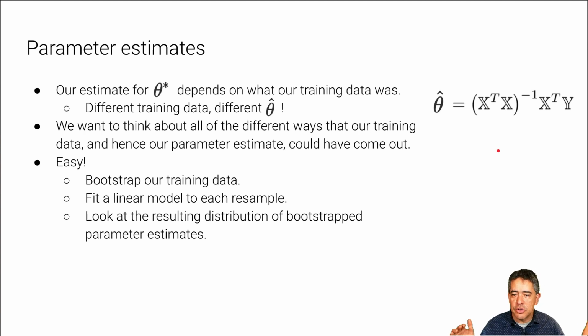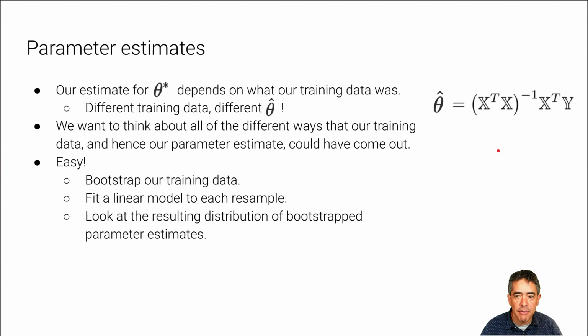So now you should see these two trains of thought converging in the course of our discussion of linear models and how we go about constructing our parameter estimates, together with what we've just gone through on the Bootstrap. If we bootstrap our training data, then we can use each of these new samples of the data to fit a slightly different linear model.